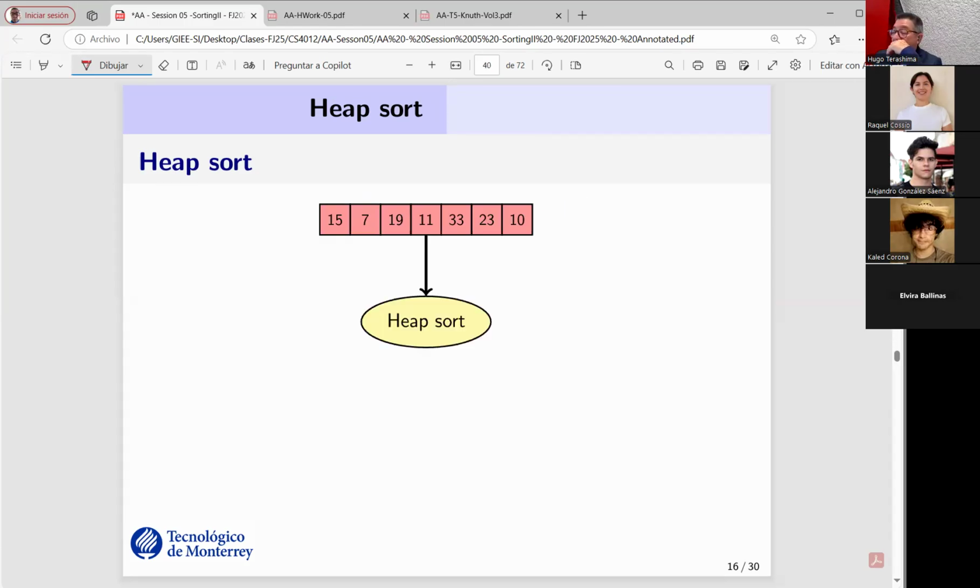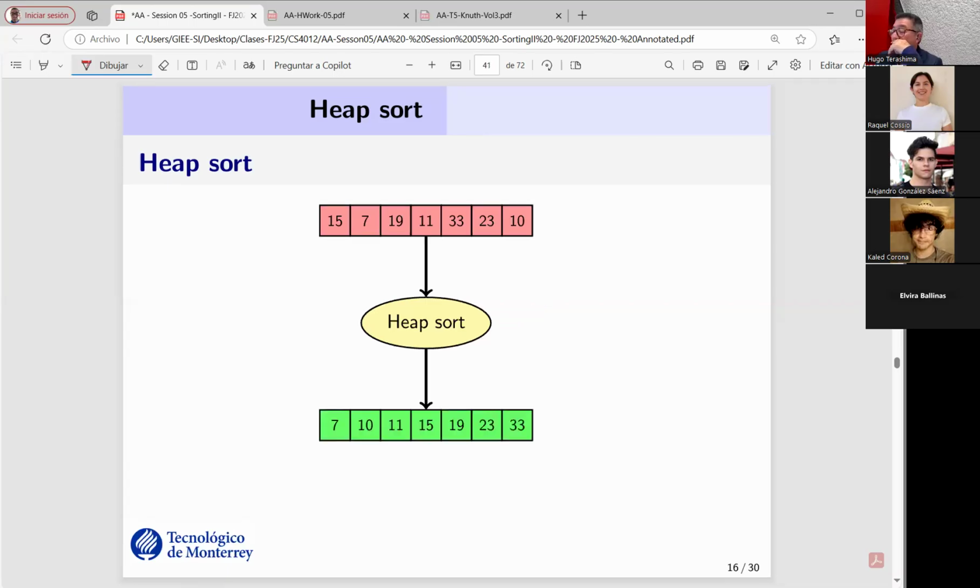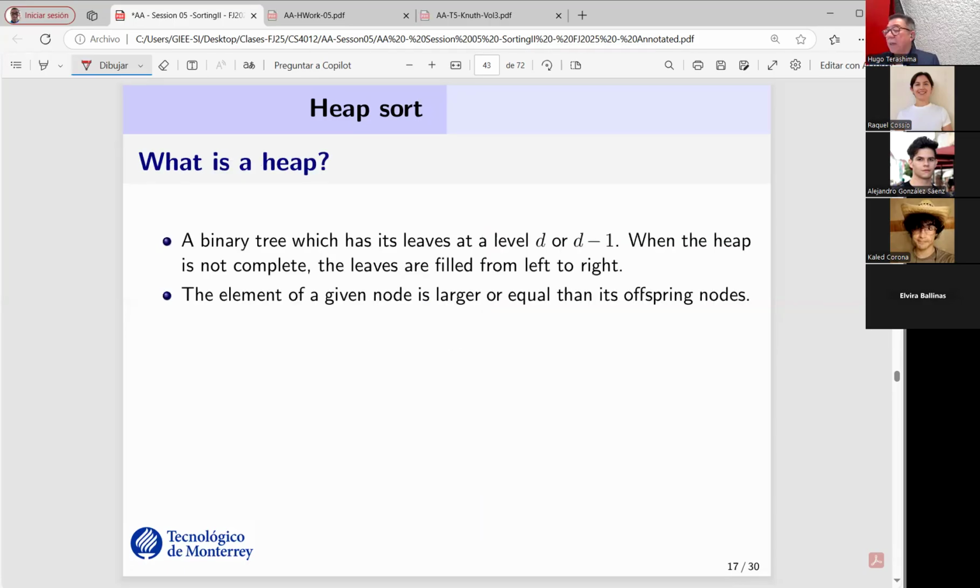We are going to do the heap sort, and we are going to get the sorted array in ascending order. Let's check what the heap does, and then we are going to do some example to show this process and then the complexity.